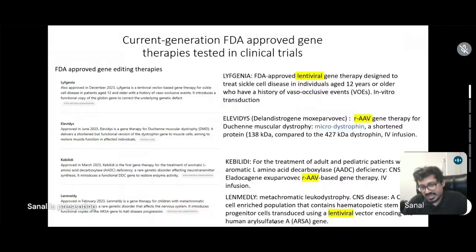I told you about this disease before in the starting of this lecture. Who discovered aryl sulfatase? An Indian scientist, a Bengali scientist called Bachhawat.